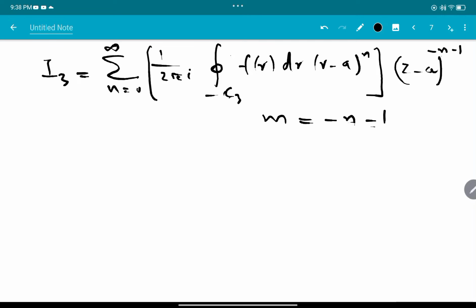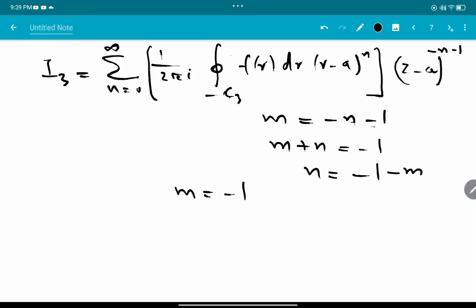Now, you have m is equal to minus n minus 1. This means that n plus m will be equal to minus 1, or n will be equal to minus 1 minus m. Now, when n is equal to 0, m will be minus 1.